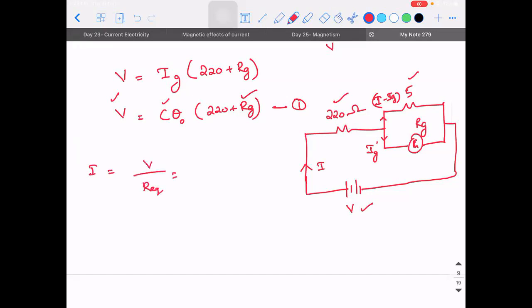Tell me, what is R equivalent? V divided by 220 plus 5 into Rg divided by 5 plus Rg. That is the total current.